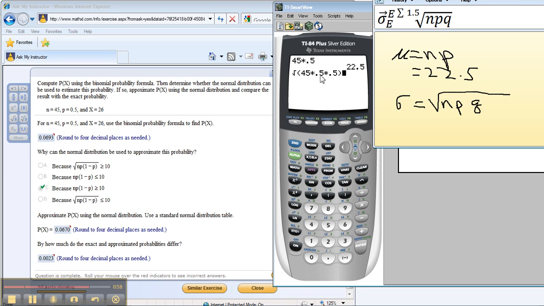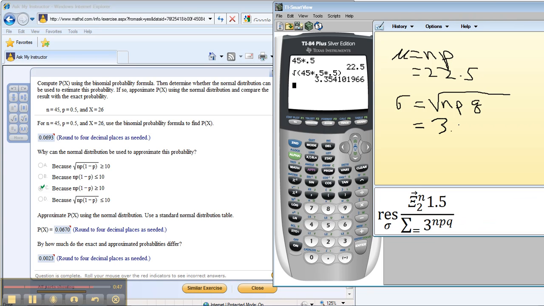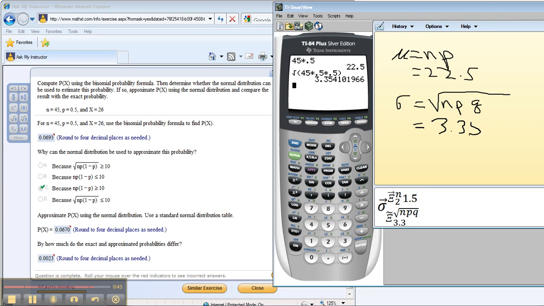Don't put all parentheses in here. You got to put it in like this. And then we're going to hit equals. So we get 3.354.